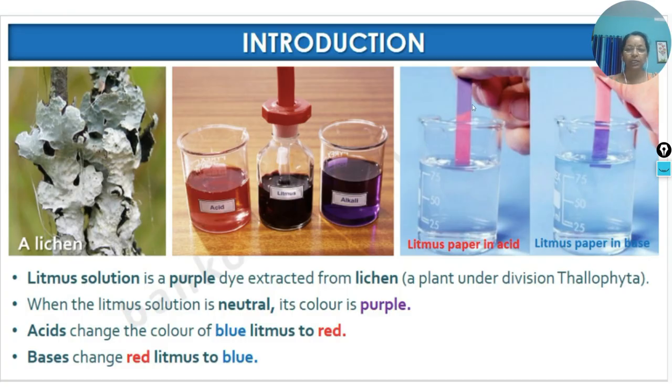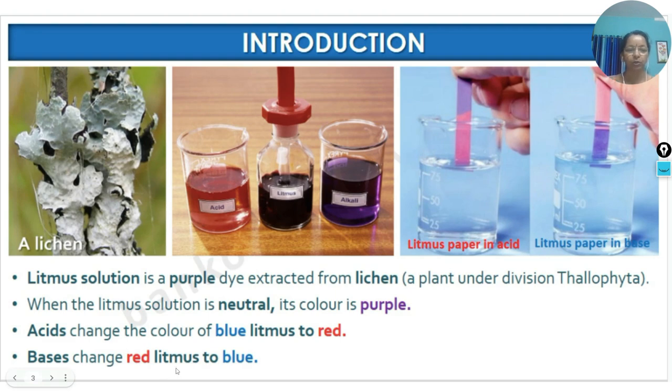The liquid form is like this, whereas the paper form is like this. If you bring blue litmus to acid, it changes to red, whereas red litmus changes to blue with a base.